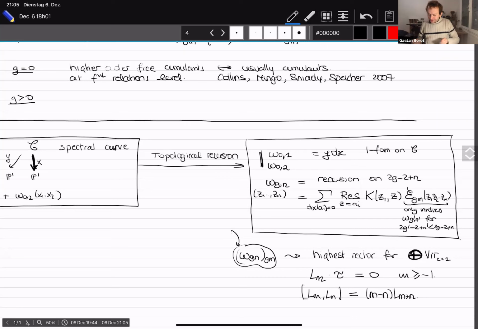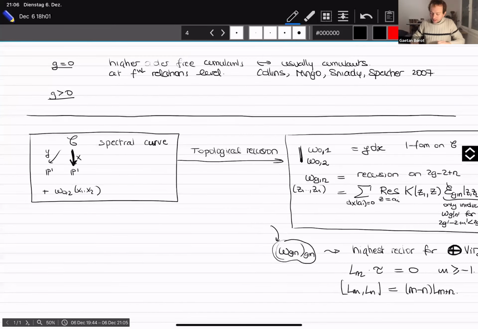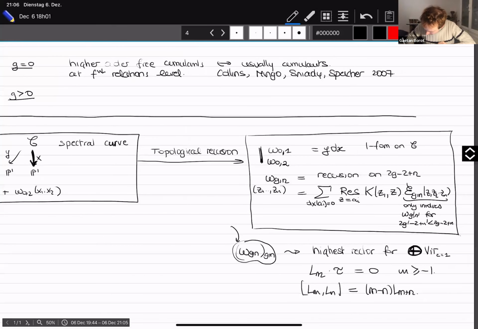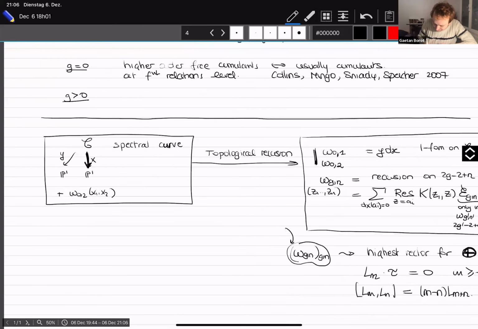So topological recursion is a solution of those Virasoro constraints, which has in this context a very specific form, which is universal and only depends on the spectral curve.